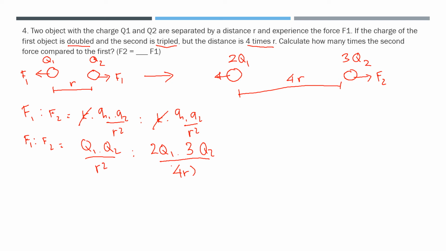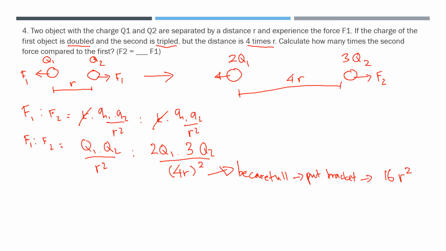Don't forget to put the bracket, because in my experience, most of the students make mistakes here, so be careful. Put the bracket. Why? Because this one will be 16R squared.